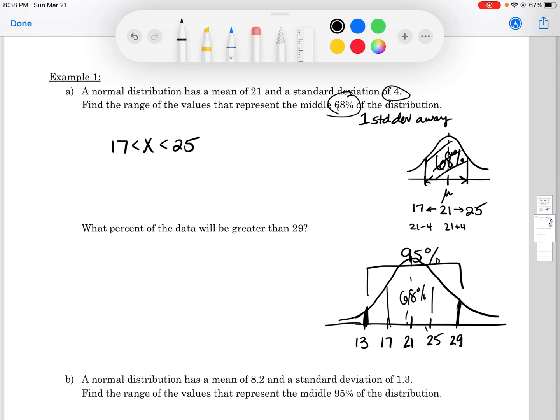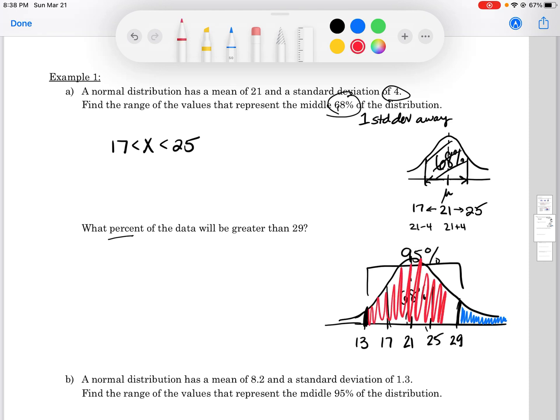We want to know what percent of the data is greater than 29. So we want to know how much is over here. Well, there's a few ways that we could go about doing this. Probably the easiest way is to recognize that we have right now 95% of the data in this section.